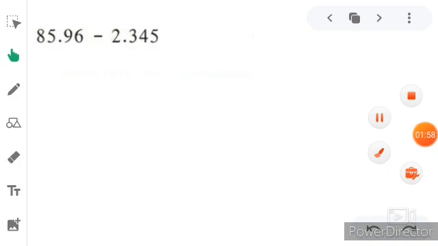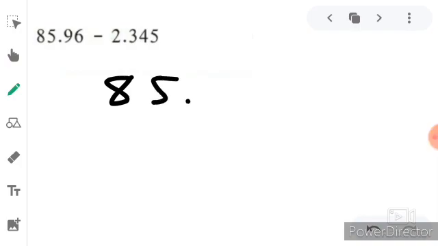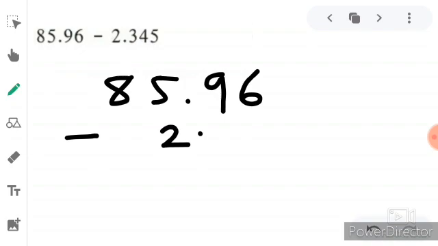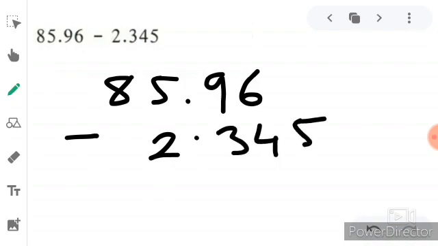Now the next example. First of all, arrange the numbers. Here 85.96 minus 2.345, decimal point below the decimal point. So here we consider 0. We can't subtract 5 from 0, so we borrow from 6.